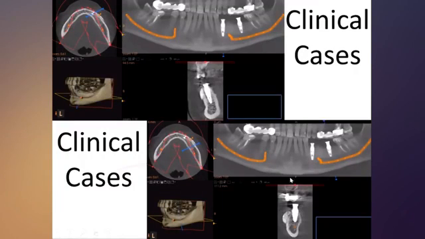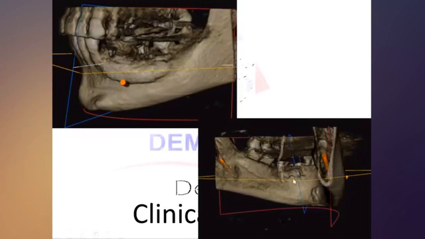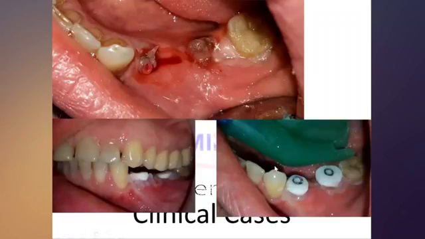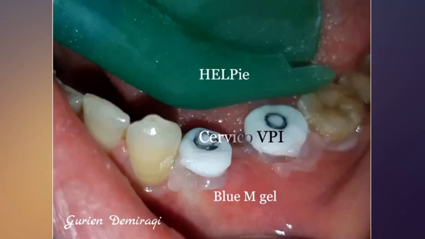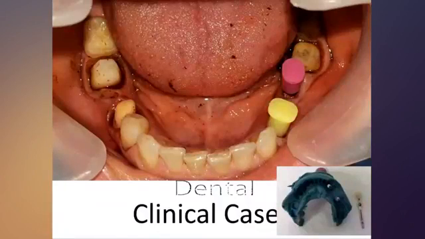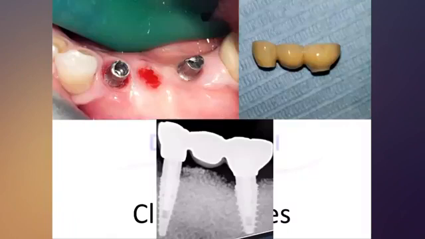As you can see, there is extensive grafting bilaterally, both vestibularly and lingually. And then I started with my cervical profile emergence creation and impression taking.